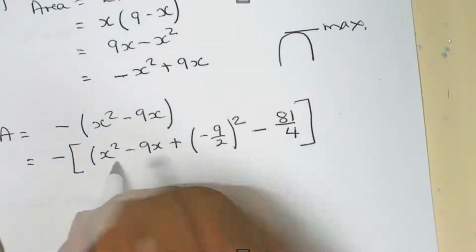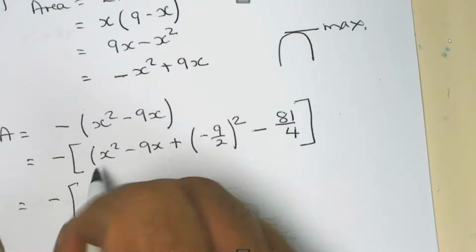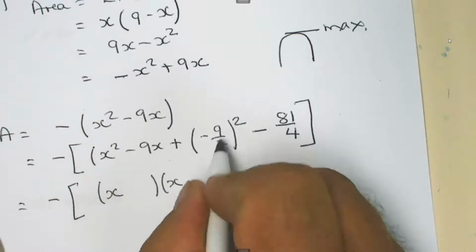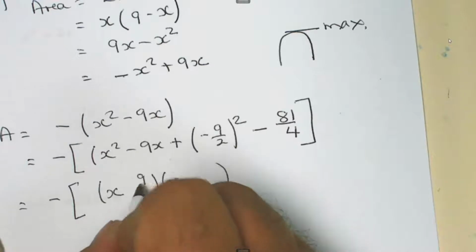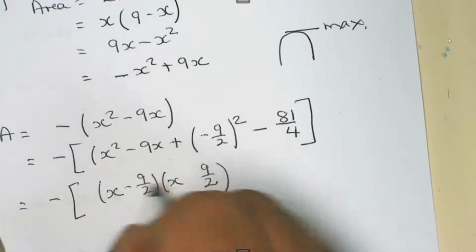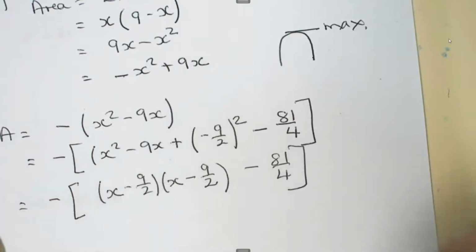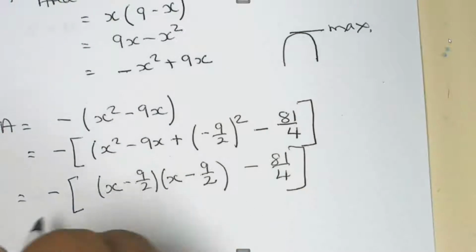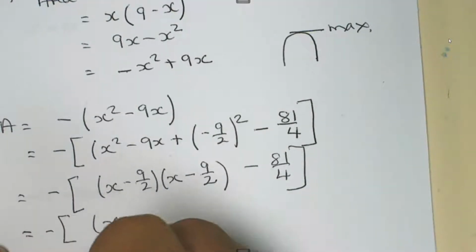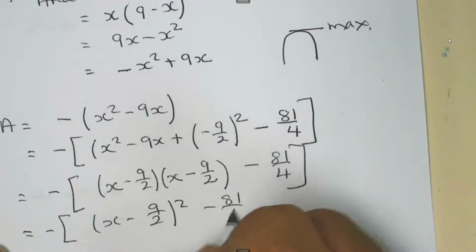Now I can find the factors of that. So it's negative. The factors of x squared is x multiplied by x. The factors of 9 over 2 squared is 9 over 2 and 9 over 2. Same sign, both negative. Negative 81 over 4. So now this becomes negative bracket x minus 9 over 2 to be squared, negative 81 over 4.